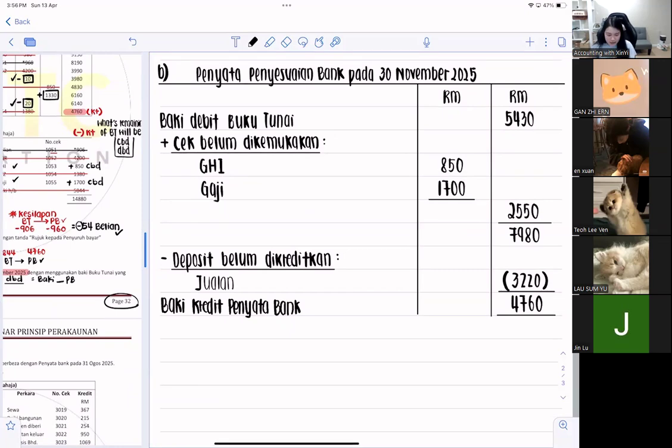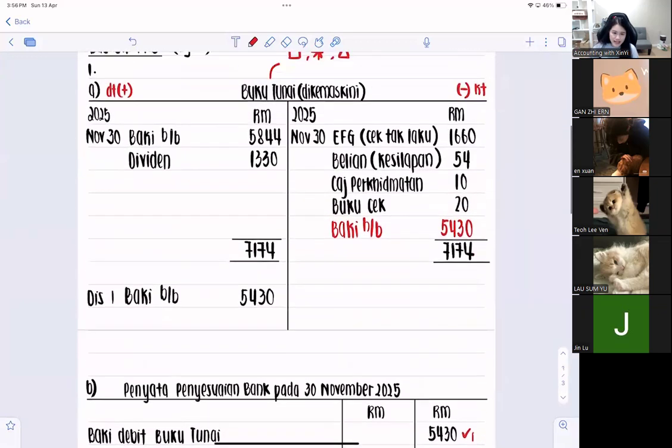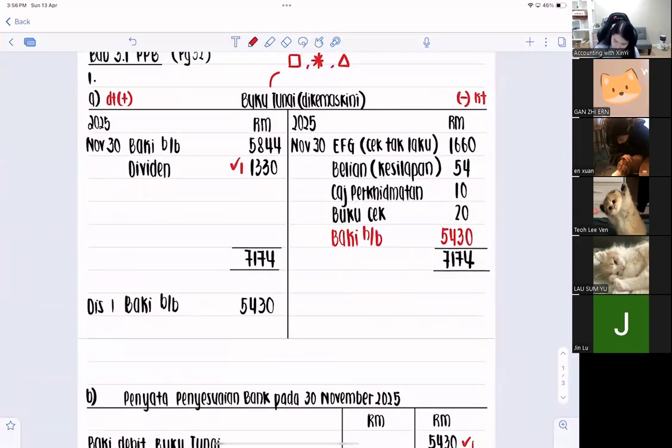Finish. Okay, now if you're wondering how many marks you can score from here, I can tell you how the marks are given. So this is 1 mark, 2 marks, 3 marks, 4 marks, 5 marks. So just by the penyata penyesuaian bank, this is 5 marks already. And on top at your buku tunai, dividend 1 mark, cek tak laku, kesilapan, charge perkhidmatan, buku cek and the latest baki.